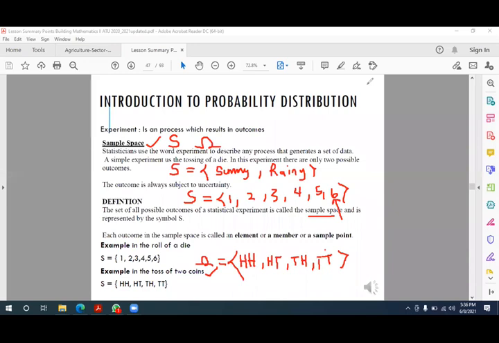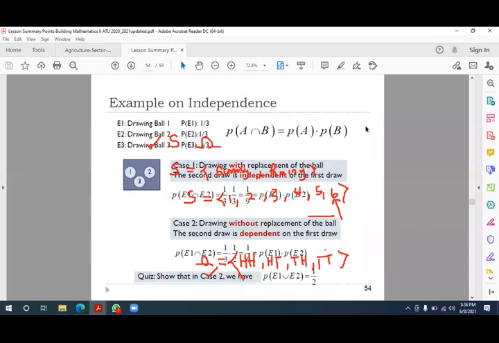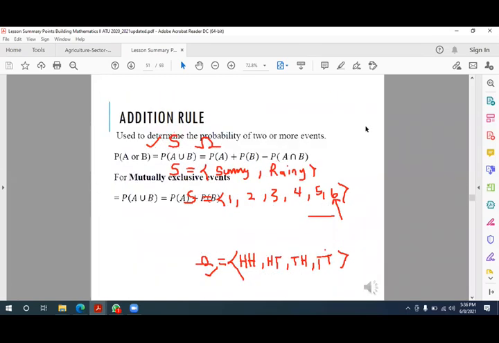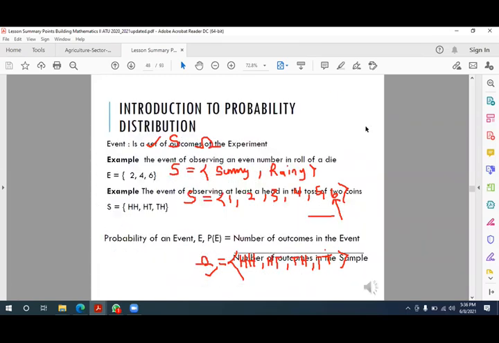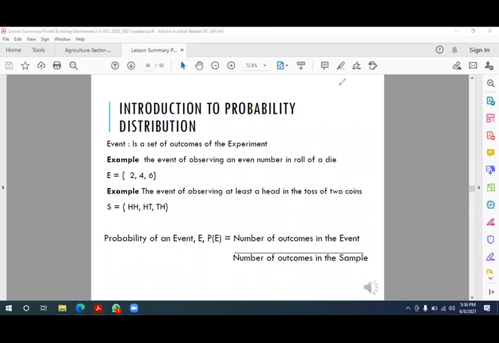Now let's proceed. So the next thing we talked about was the concept of an event. We said that it is a set of possible outcomes of interest to us in an experiment.